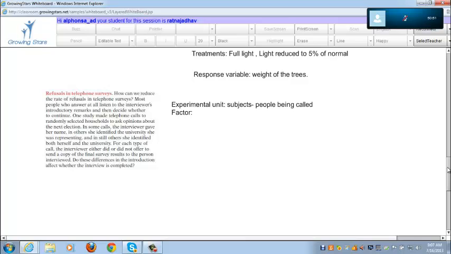This is what I was talking about. The introductory remark is just the factor. Yes, it has treatments. The treatments are the specific ones.